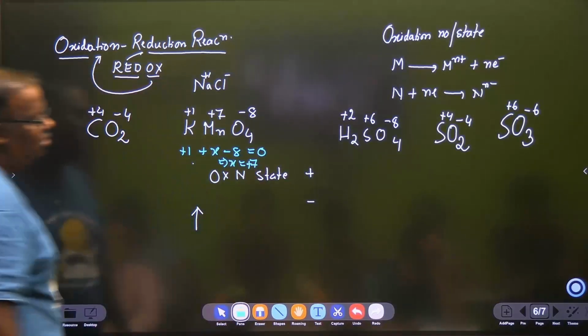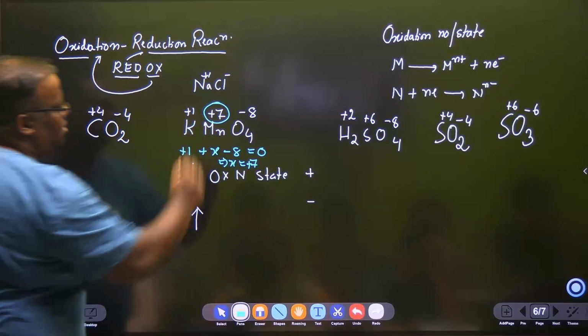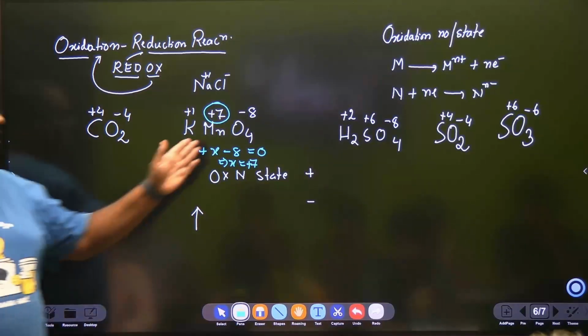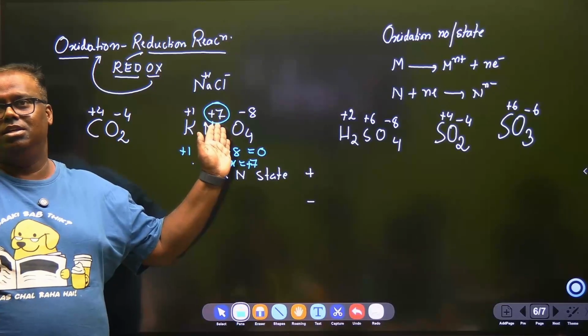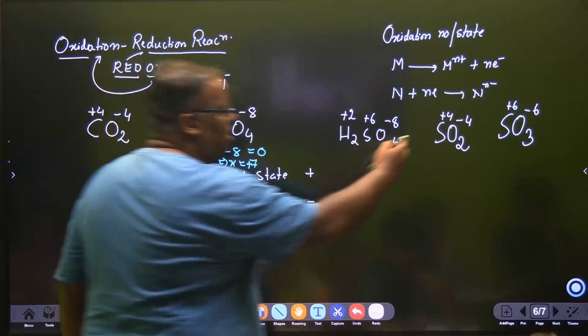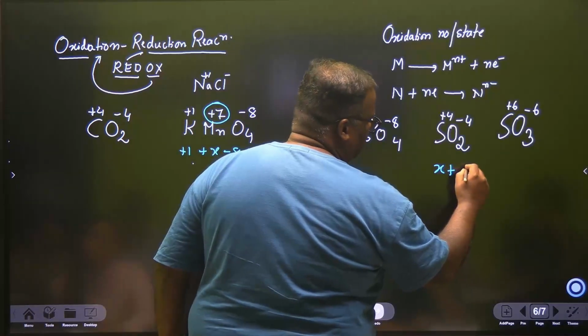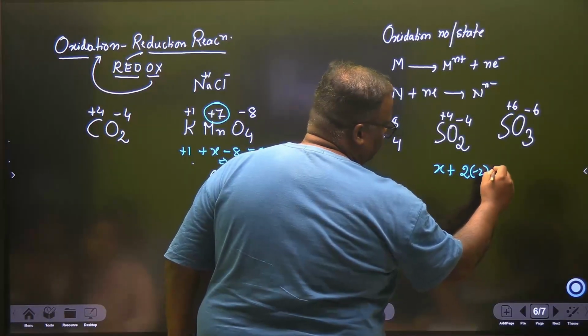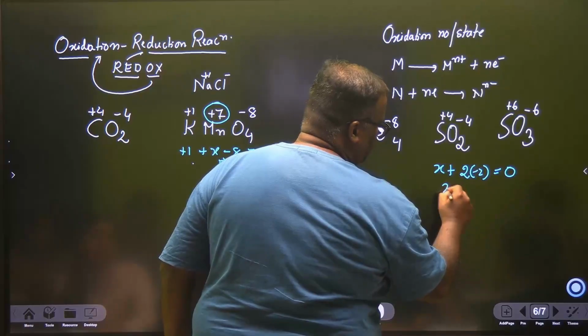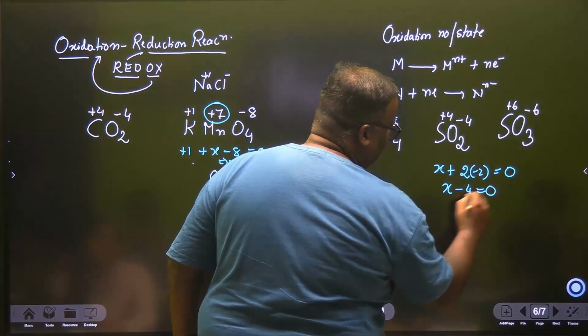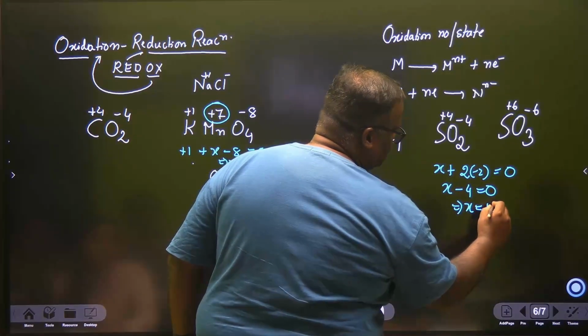So you get to know that manganese's nominal charge is +7. That's the oxidation state of manganese. Did you understand? Sulfur dioxide. I don't know what is sulfur, X. But I know there are two oxygens with a -2. Overall should be 0. So X minus 4 is 0. X equal to +4.